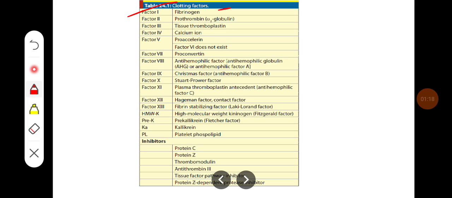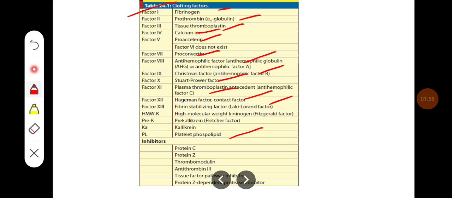Factor 1 is fibrinogen, factor 2 is prothrombin, factor 3 is tissue thromboplastin, factor 4 is calcium, 5 is proaccelerin, 6 is absent, 7 is proconvertin, 8 is antihemophilic factor, 9 is Christmas factor, 10 is Stewart Prower factor, 11 is plasma thromboplastin antecedent, 12 is Hageman factor, 13 is fibrin stabilizing factor, and the other procoagulants are HMWK, pre-kallikrein, kallikrein, and phospholipids.